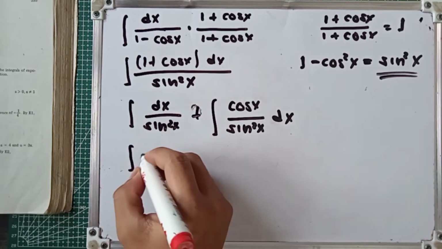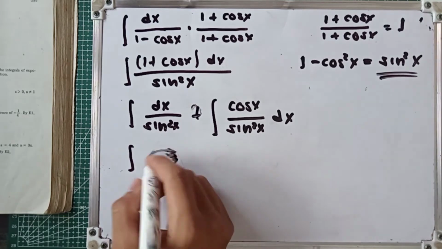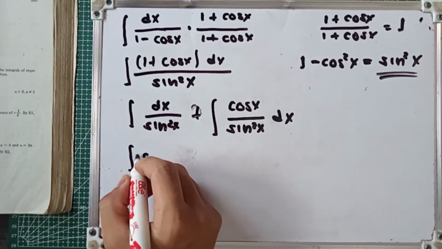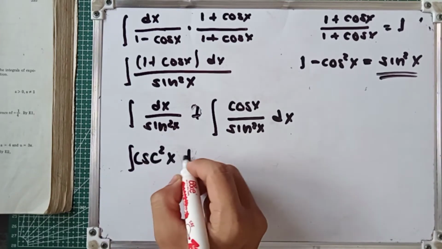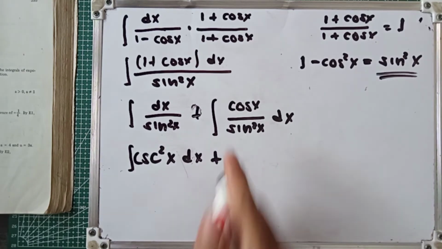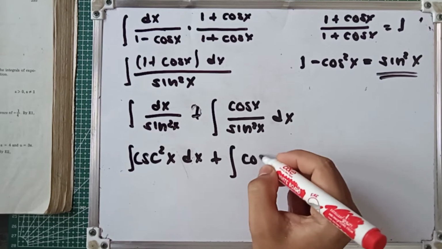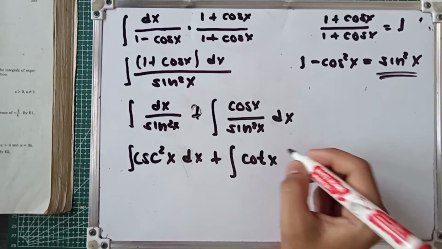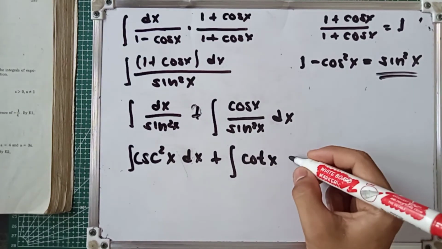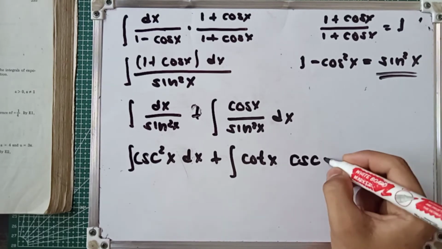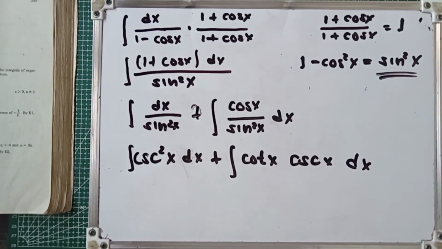So, that's equal to integral of cosecant squared x dx plus, okay, ito naman ay cosine over sine, which is equal to cotangent x, multiplied by 1 over sine, so cosecant din, dx.